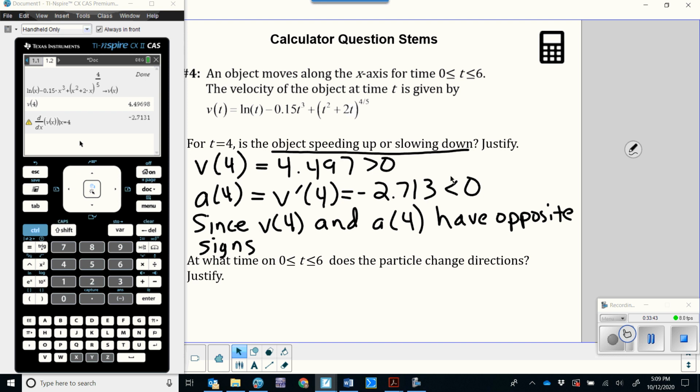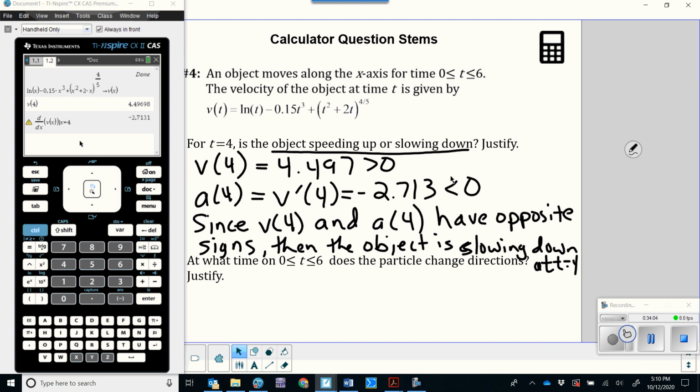I said that one is greater than 0, one is less than 0. Then the object is slowing down at t equals 4.